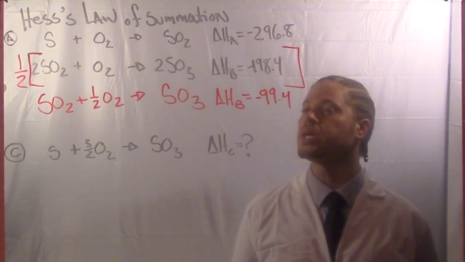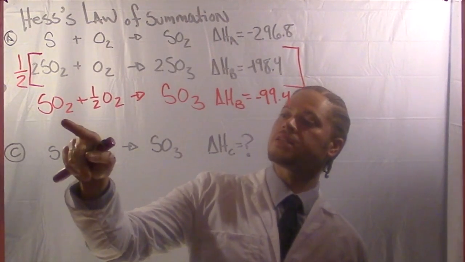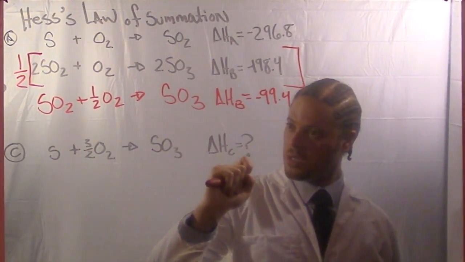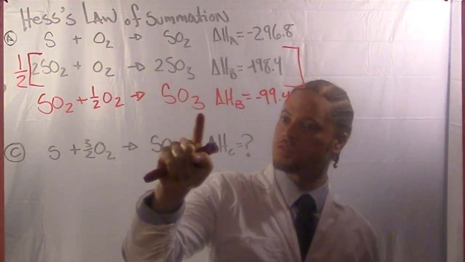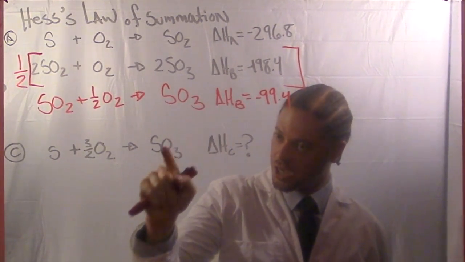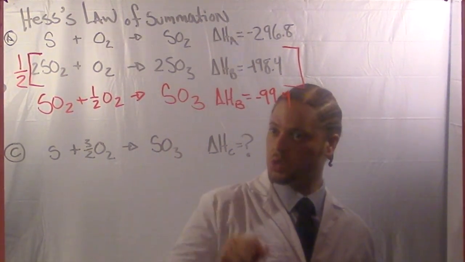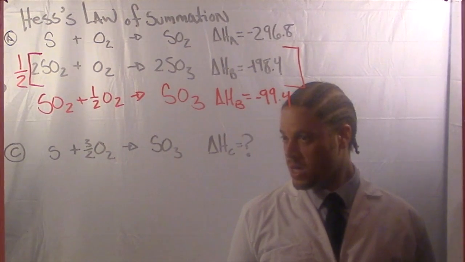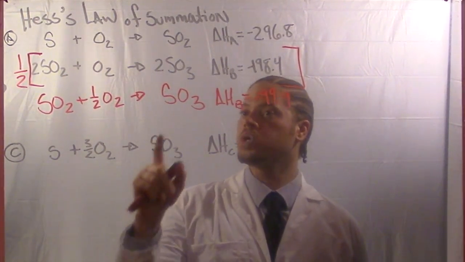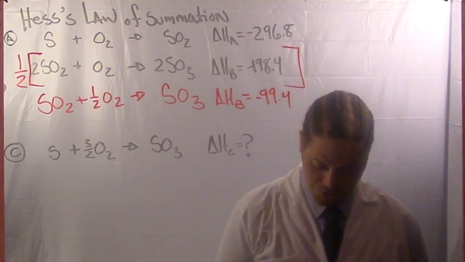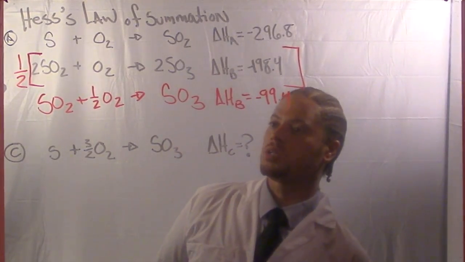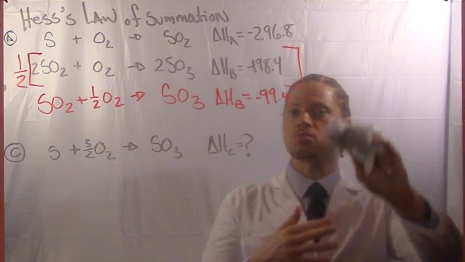Let's examine what we have now. I've got this new reaction with one equivalent of SO3, which looks like our target reaction, which has one equivalent of SO3. Now we can combine the two reactions. I will erase one of the reactions to give you some clarity.